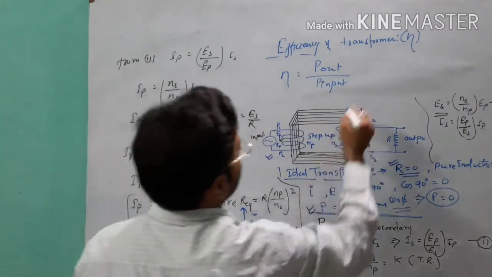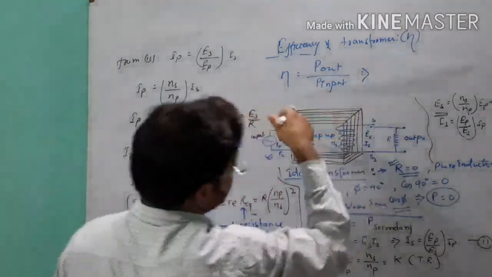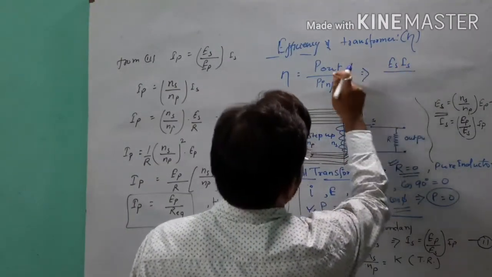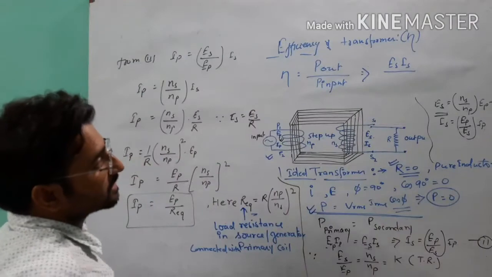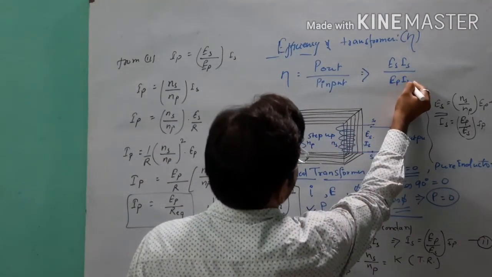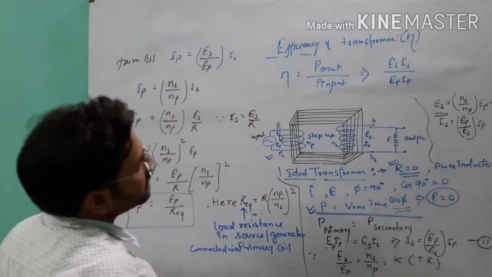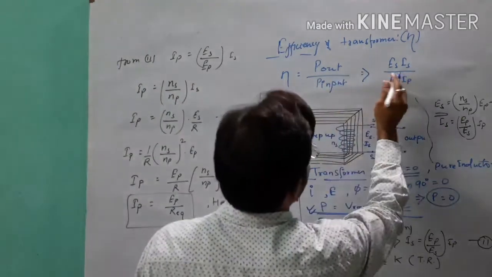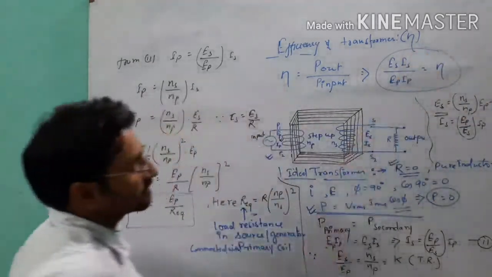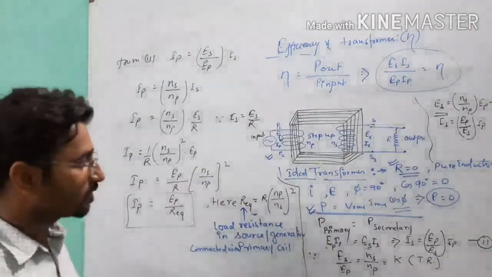So as I have written here, ES into IS is the power of the secondary coil, meaning the output coil, and this is the power of the input coil. So the efficiency eta will be equal to this. This is the efficiency of transformer.